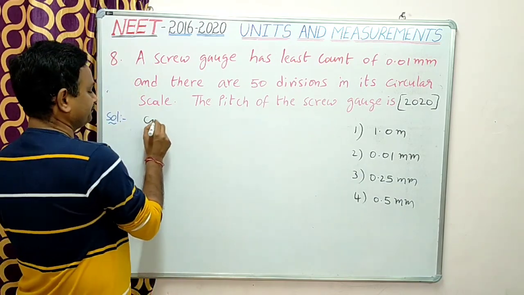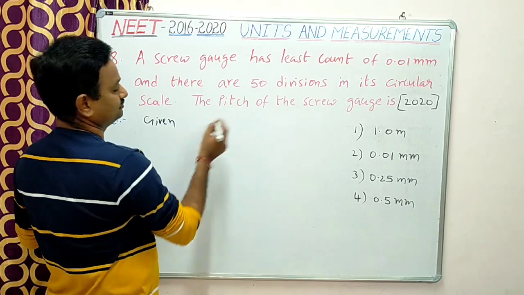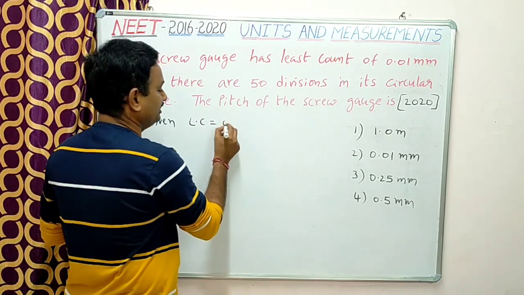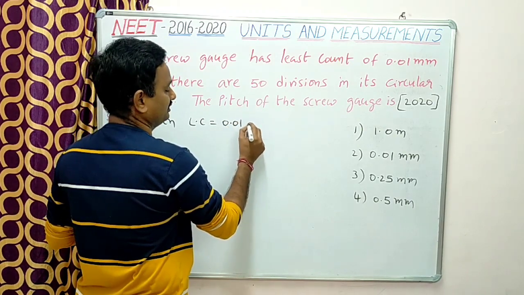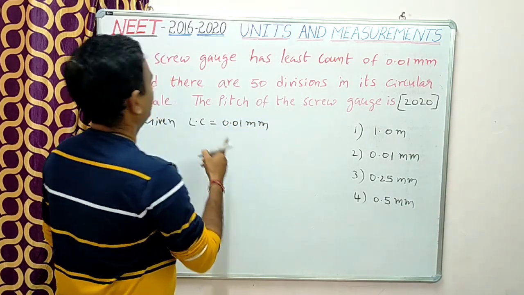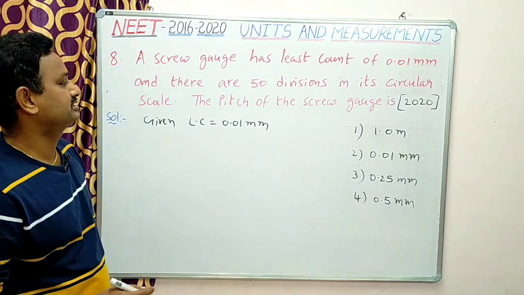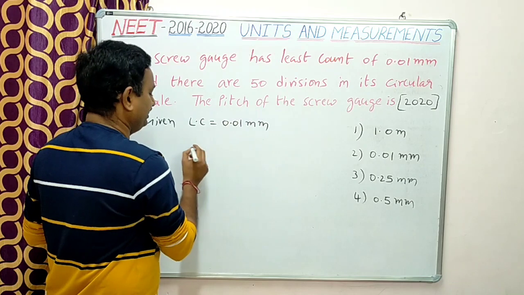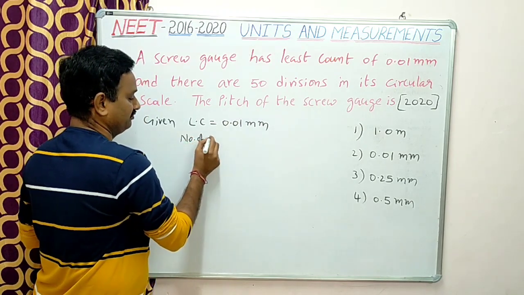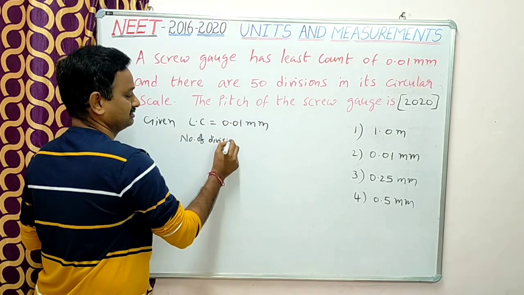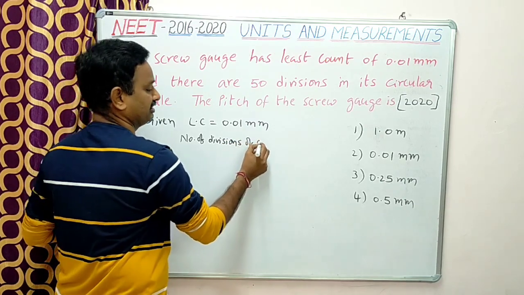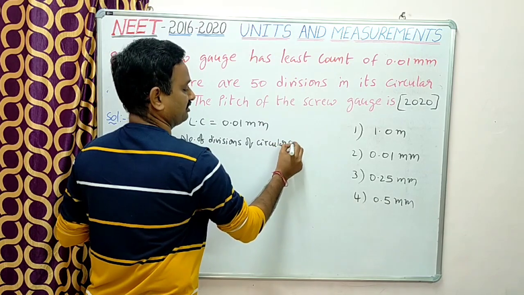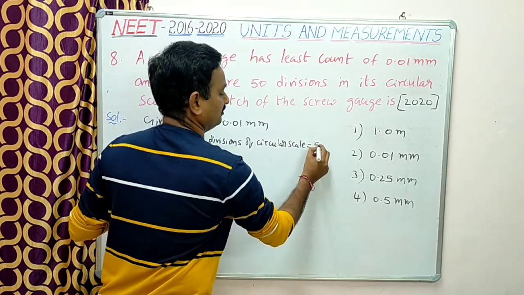See, given least count is equal to 0.01 millimeter. And the number of divisions in its circular scale is 50 divisions. Number of divisions of circular scale, that is 50 divisions.